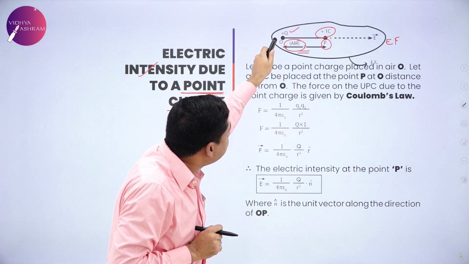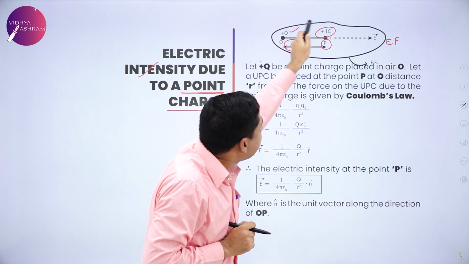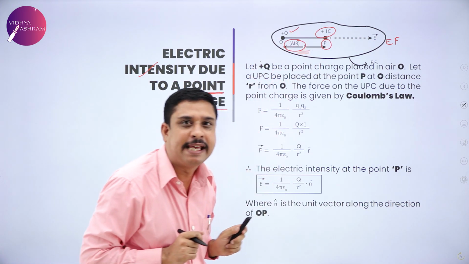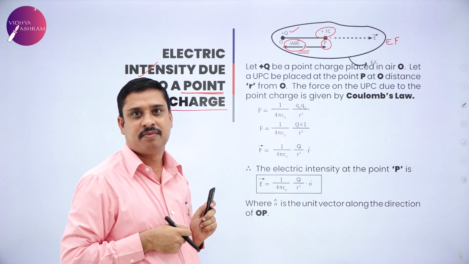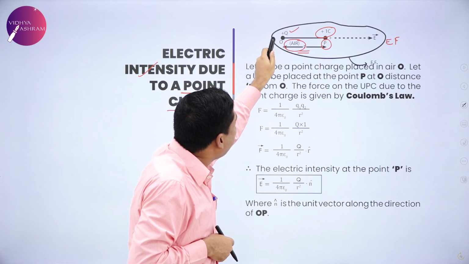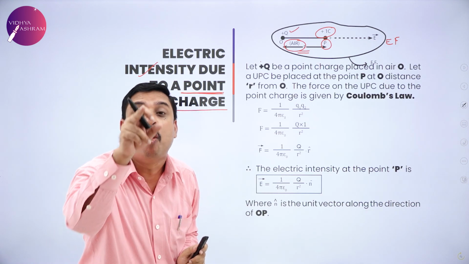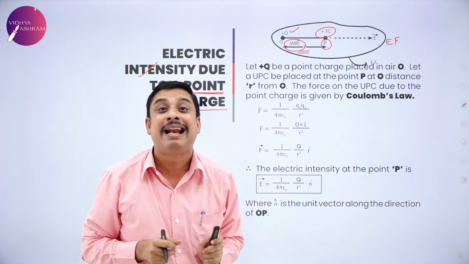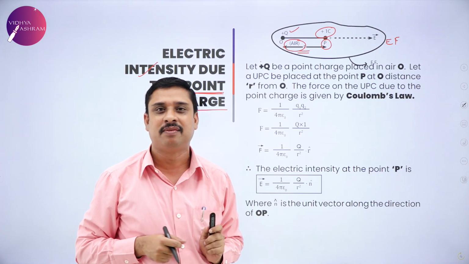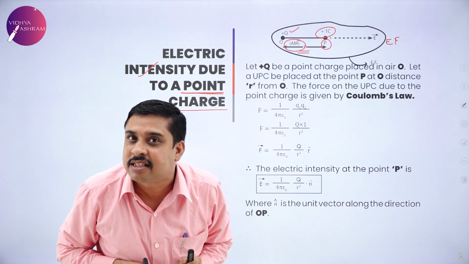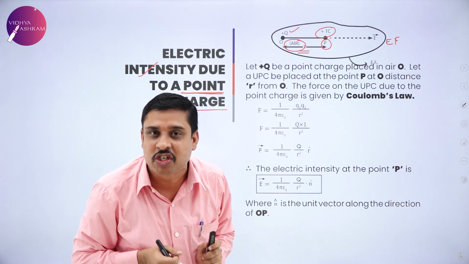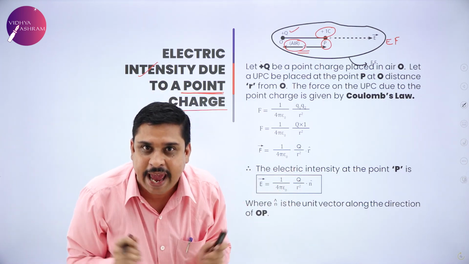At the point P, there is a UPC, a positive charge. At the point O, point charge plus Q. Both of them are like charges. Whenever there are like charges, there is repulsion, going away.